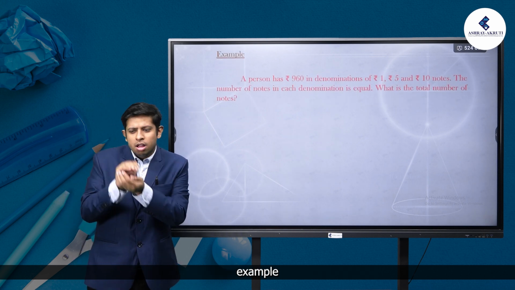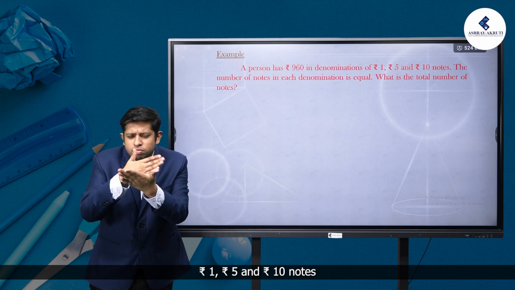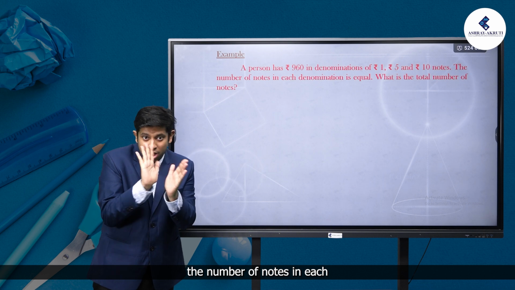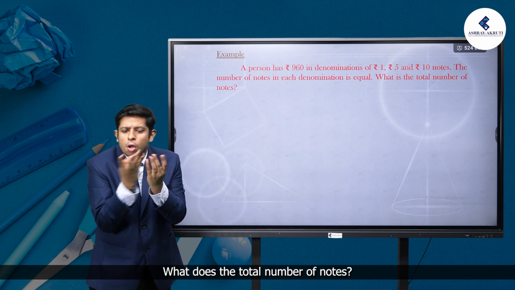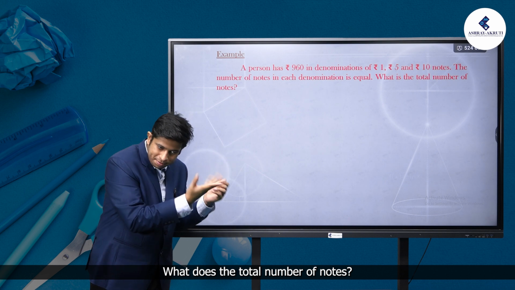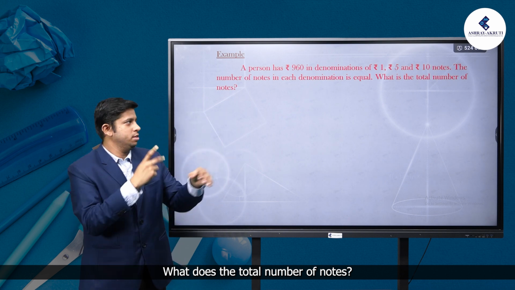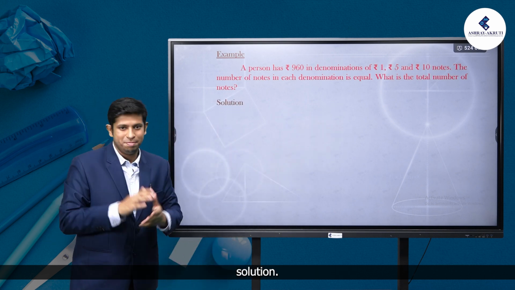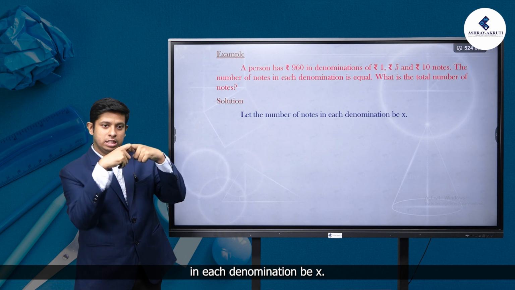Example. A person has rupees 960 in denominations of rupees 1, rupees 5 and rupees 10 notes. The number of notes in each denomination is equal. What is the total number of notes? Solution. Let the number of notes in each denomination be x.